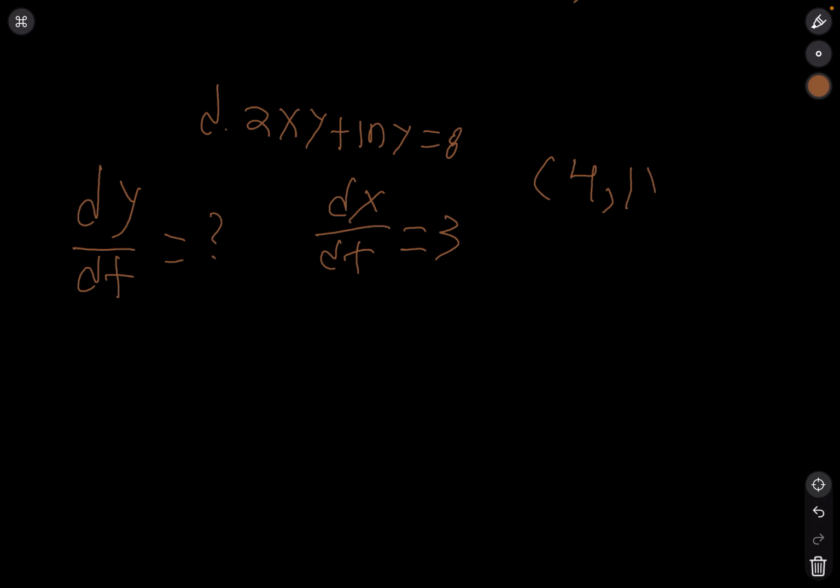And they also gave us that dx/dt is equal to 3 and that the point is (4, 1). Now, the most important thing to know about this equation, I guess, is that in order to find dy/dt, you have to realize what dy/dx really means.